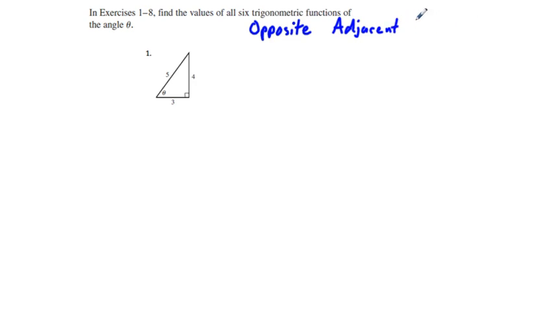And finally, we need to know our hypotenuse. And trigonometric ratios are such that if we know any 2 of the 3 sides, we can find at least 2 trigonometric ratios based on those 2 of 3 sides of a right triangle.